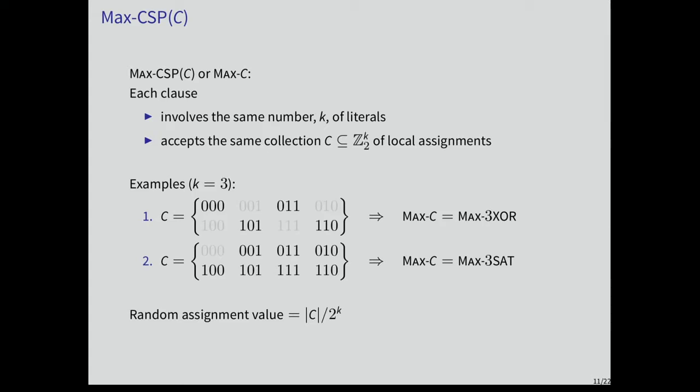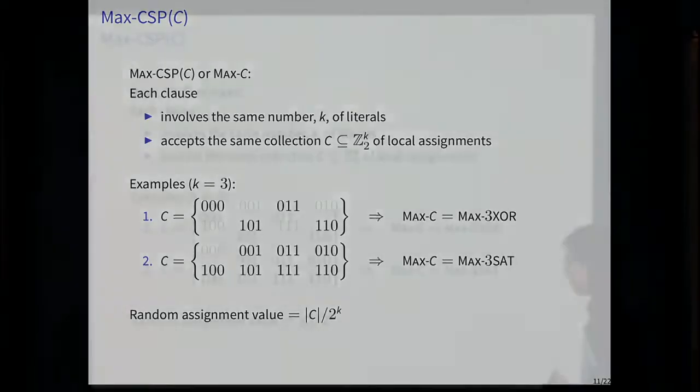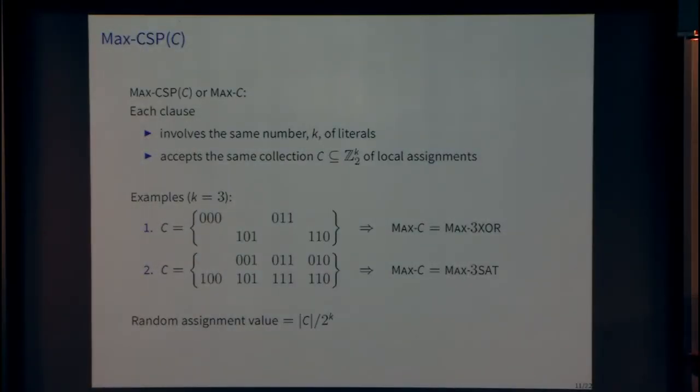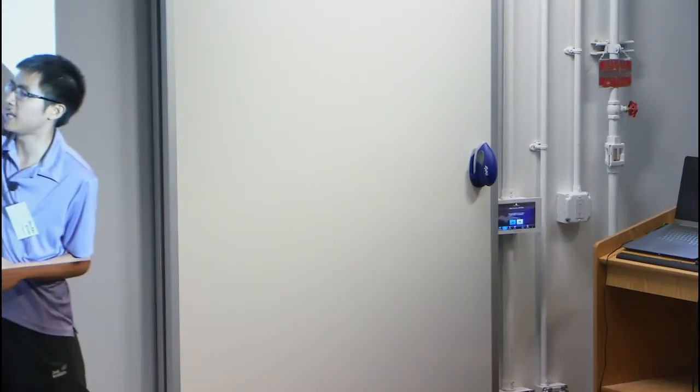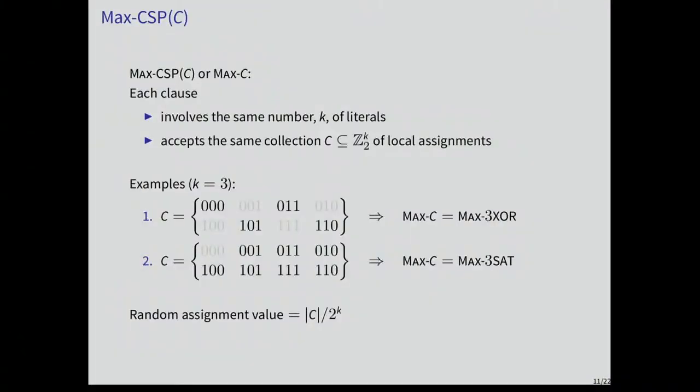Another example: if the predicate is all strings except the 3 zeros, the CSP is Max 3-SAT. Note that each constraint is allowed to depend on k literals, not just variables, so the literals can be positive or negative.